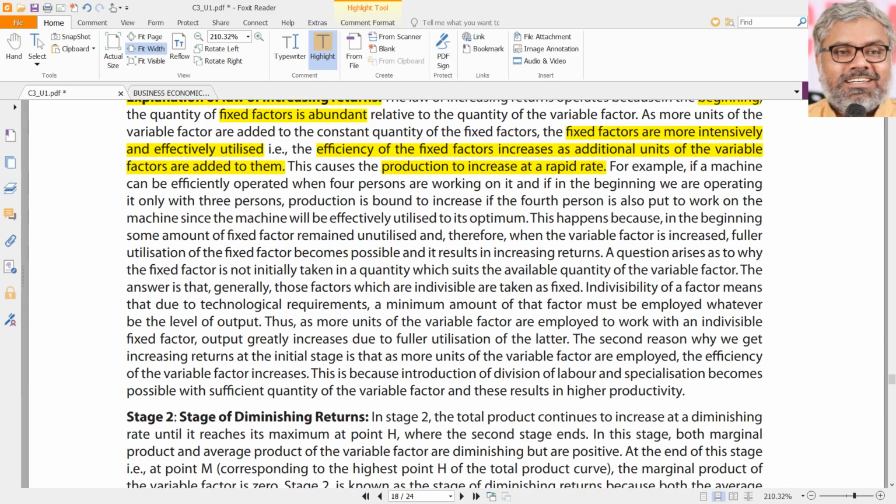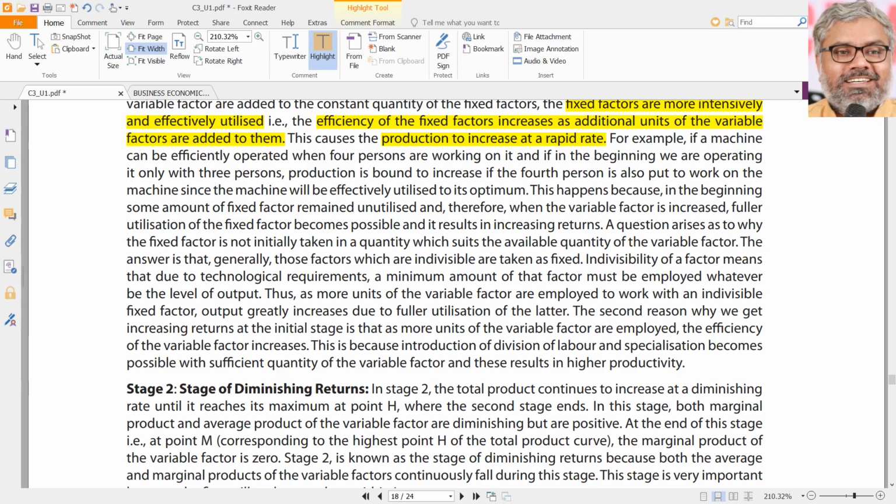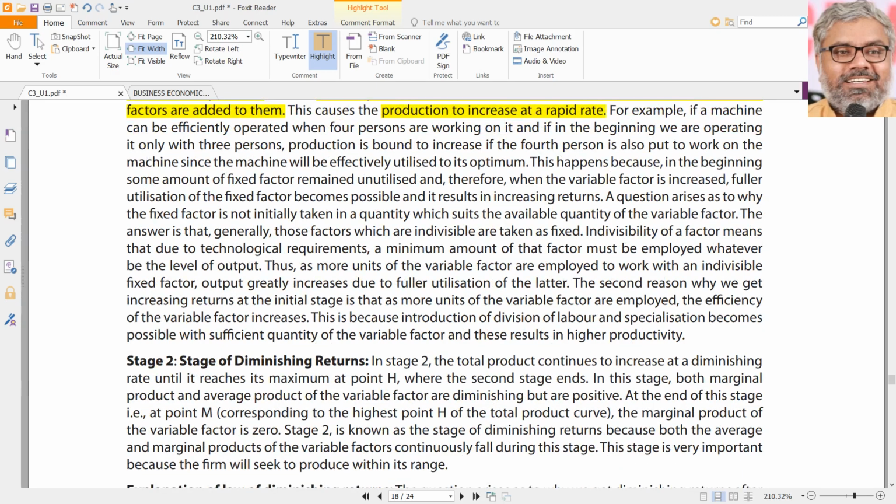Yes, just for general understanding we should know. In the initial stages, the fixed factors which were originally not fully utilized become more and more efficient because of an increase in variable factors. That's enough. And that will result in better utilization of fixed factors. So that will result in better output also, which resulted in total product increasing at a faster rate in this phase.